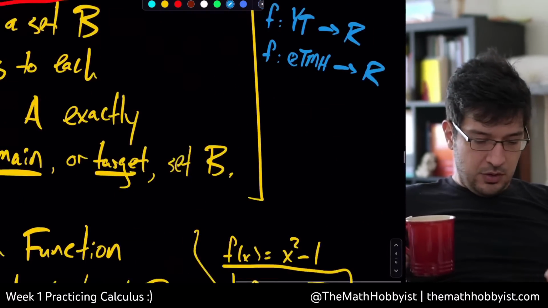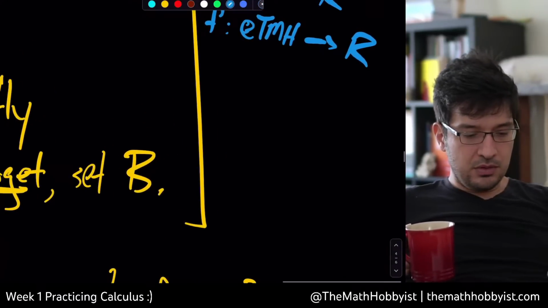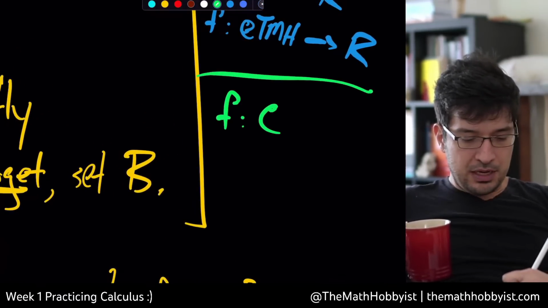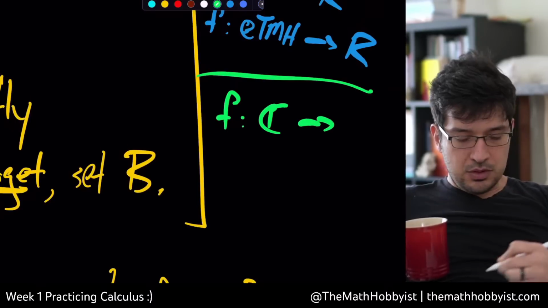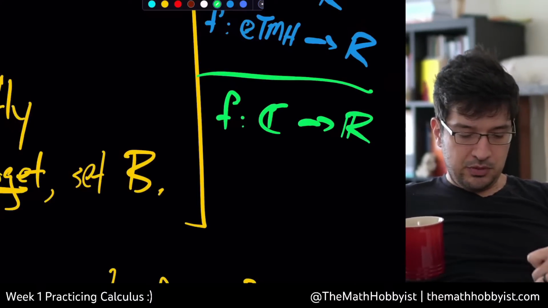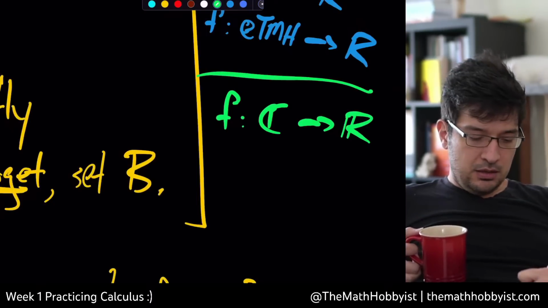A less annoying example is another function from the complex numbers to, I don't know, the real numbers or something.